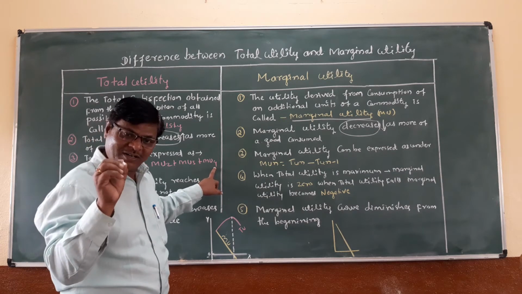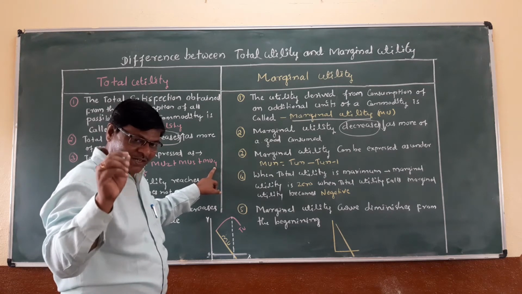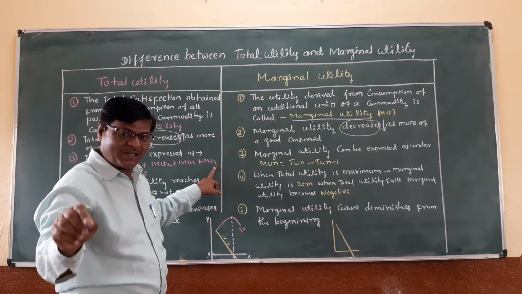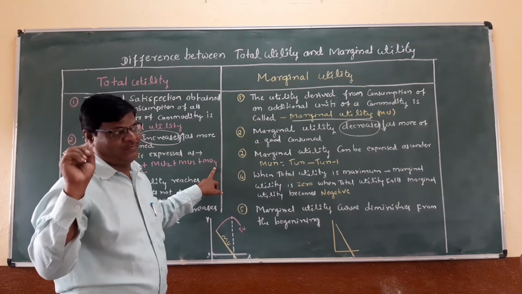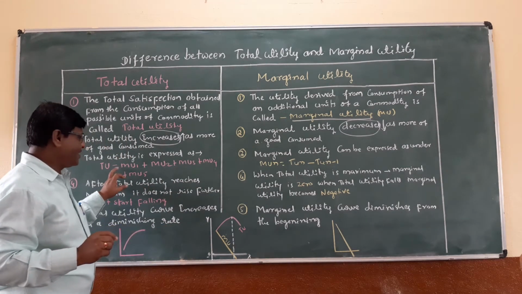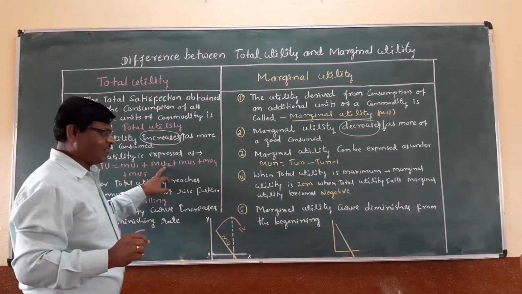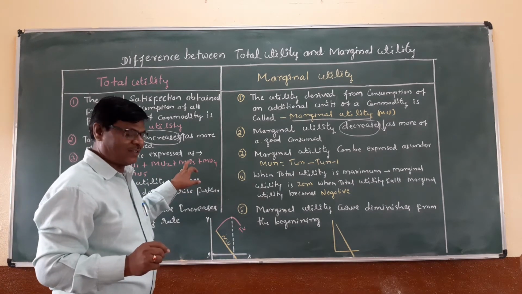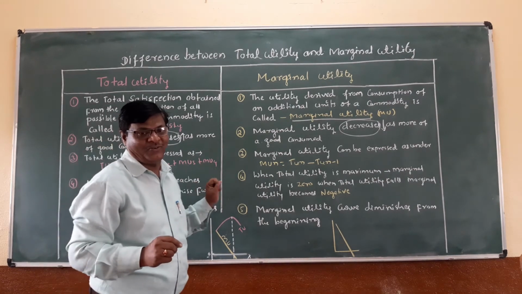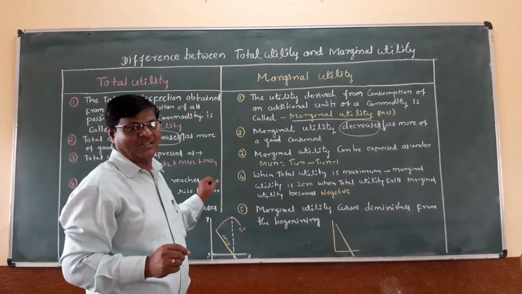It means that total utility is equal to marginal utility 1 plus marginal utility 2 plus marginal utility 3 plus marginal utility 4 plus marginal utility 5. This is the formula for total utility.